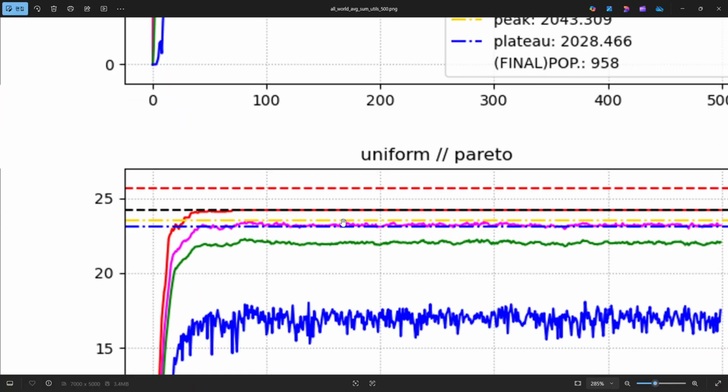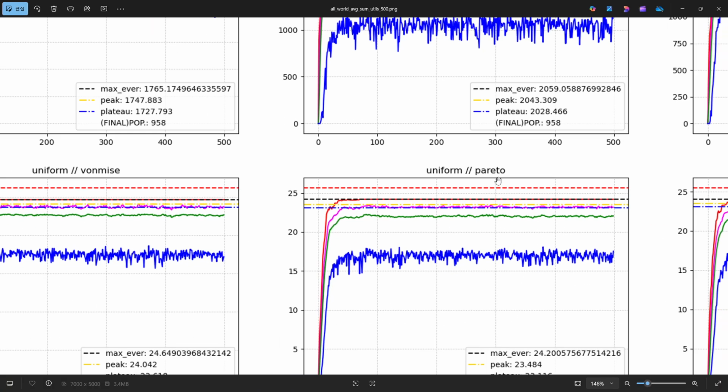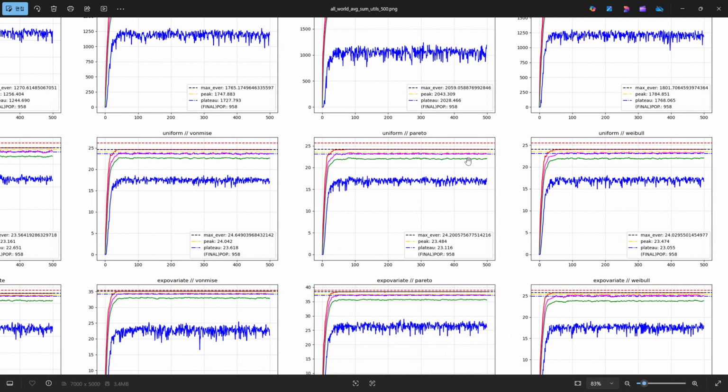And the red line very frequently gets there. This is the result, the power of a better evolution scheme, shuffling and learning.